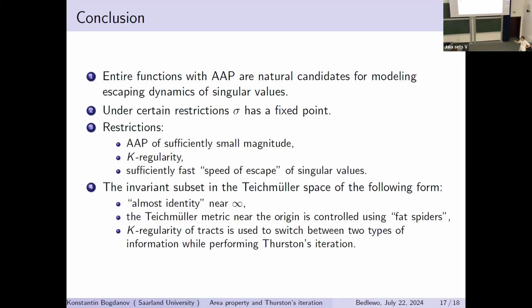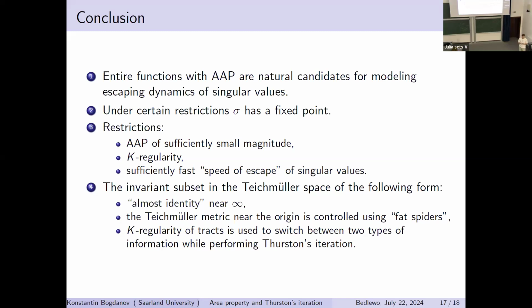Well, the fixed points are exactly as in the classical theory; they are associated to some entire functions which exist and model the dynamics of our model quasi-regular map. So it's a way of constructing entire functions with desired singular dynamics, singular infinite dynamics.